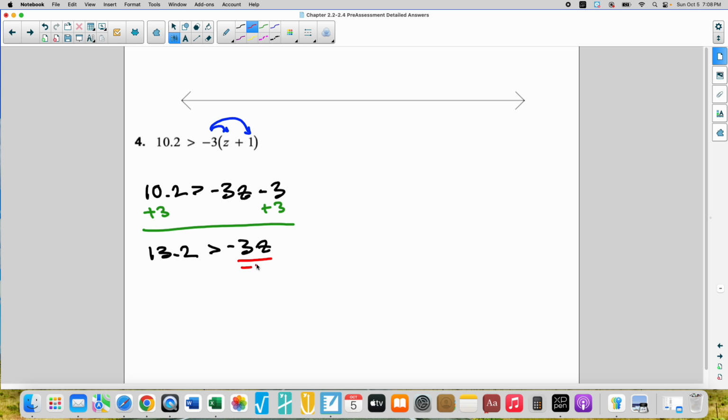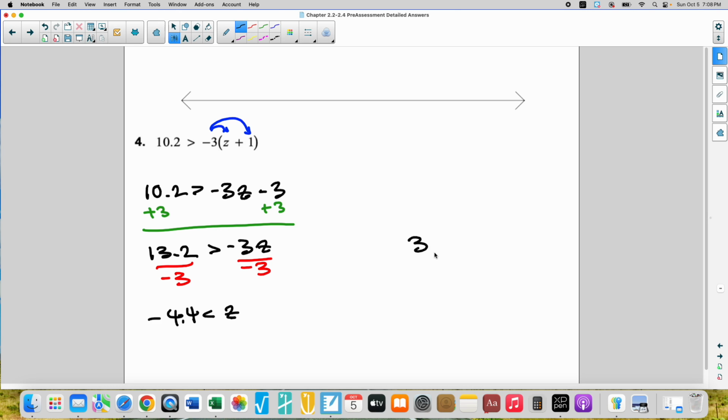We'll divide by negative 3, divide by negative 3. I know that's going to be negative, and that goes in 4 times, 4.4. I'm going to remember to flip the inequality sign, even though I had lots of other things going on here.